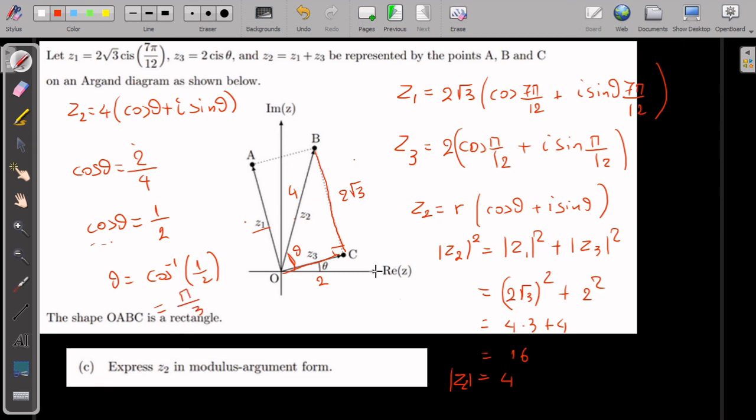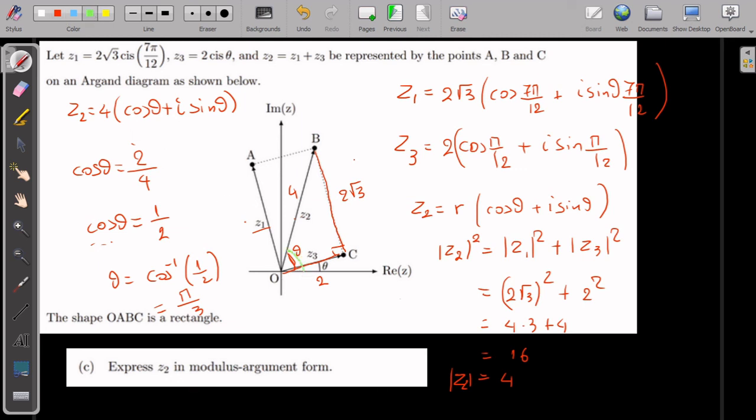Now, I know that angle theta is pi over 3. But for the argument of Z2, here I should not put theta alone. Theta is this angle, but the argument of Z2 should be from the x-axis.